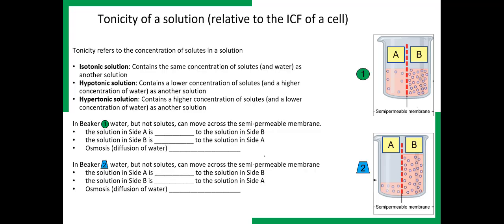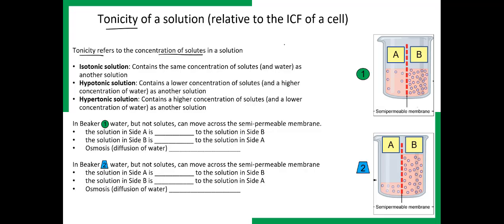So what happens if water can travel across the semi-permeable membrane, but not the solutes? In order to talk about that, I'm going to introduce the concept of tonicity of a solution. The concept of tonicity refers to the concentration of solutes in a solution.